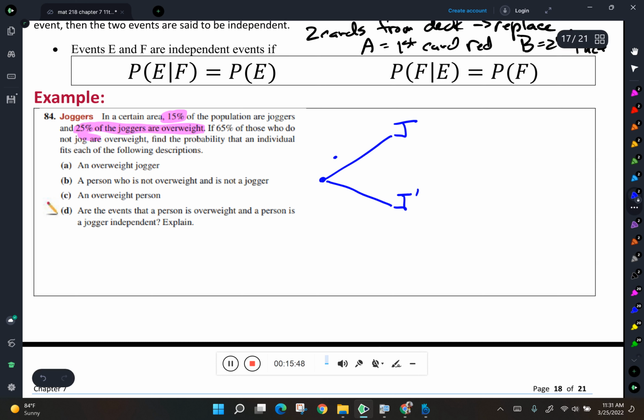I know that there's 15% of the population who are joggers, and that means that there's 85% of the population who are not. And then I've got the conditional probability of being overweight given that you're a jogger, which is 0.25. So that means there's a 0.75 down there, right?